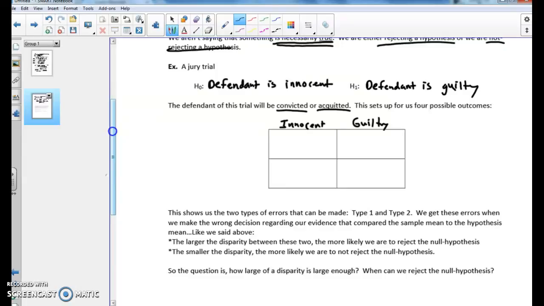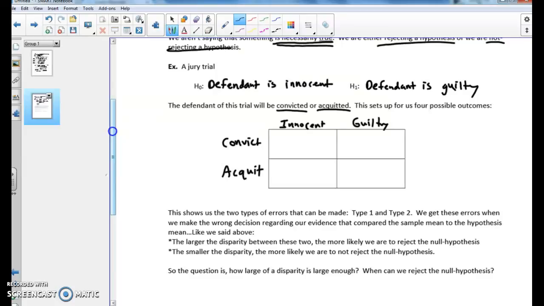And then the jury's either going to convict him or they will acquit him, meaning he is not charged. So these are your 4 outcomes here, right? Either the person is innocent and they are convicted, or they are innocent and they are acquitted, or they are guilty and they are convicted, or they are guilty and they are acquitted.